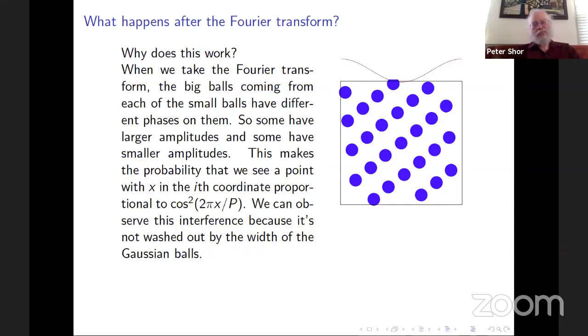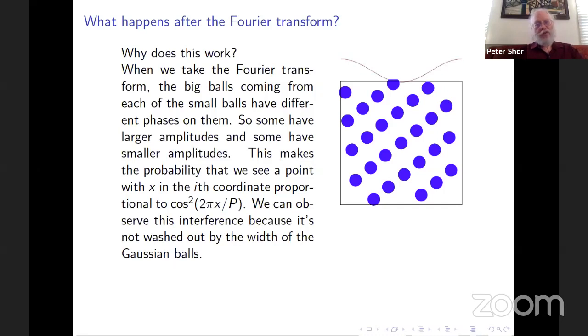And now we can observe this interference because this period is much larger than the width of each of these large Gaussian balls. The fact that all of these large Gaussian balls have the same amplitude is going to squash this cosine curve down a little bit, but not by very much.